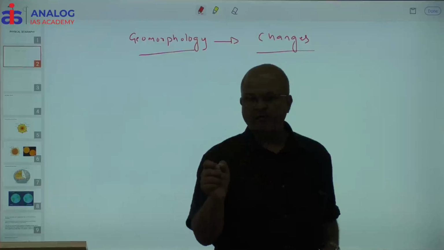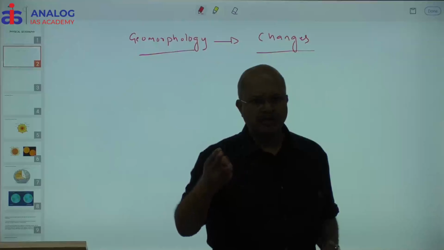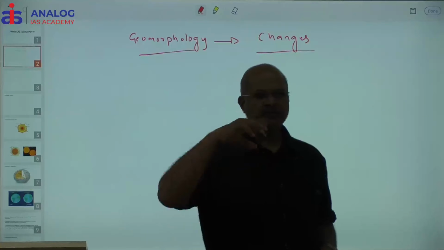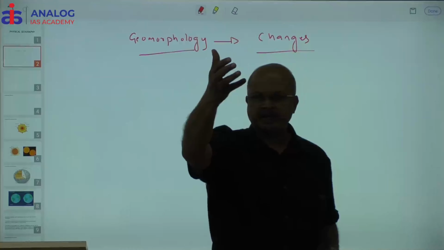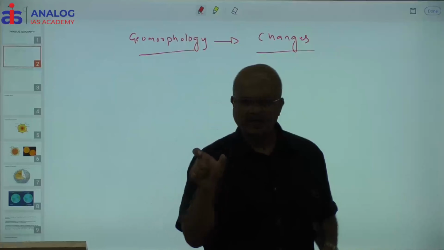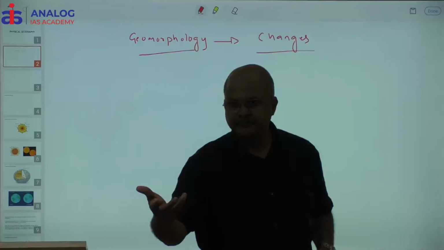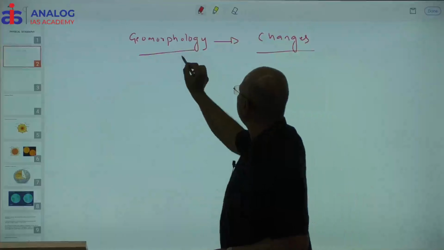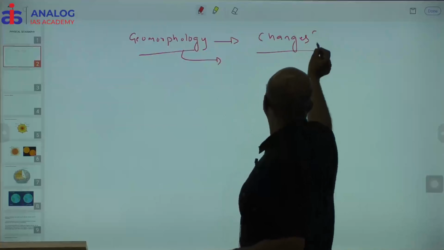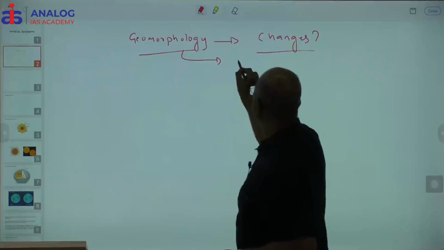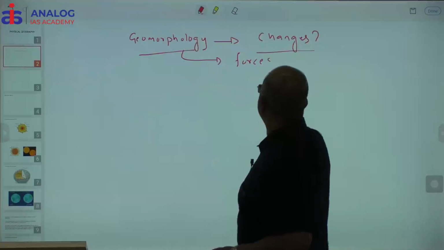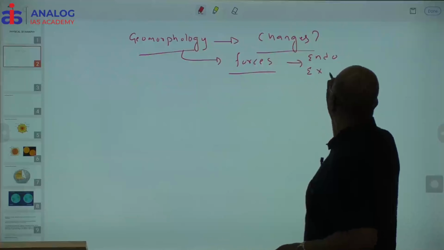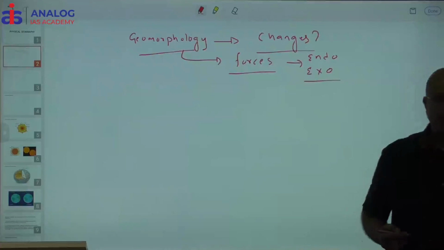So hence, always affected by two. The one force which is acting from within or inside the earth, is endogenetic, and the one force which is outside the earth, we refer to as exogenetic. So hence, in geomorphology, we always talk about the two forces, referred to as endogenetic and exogenetic.